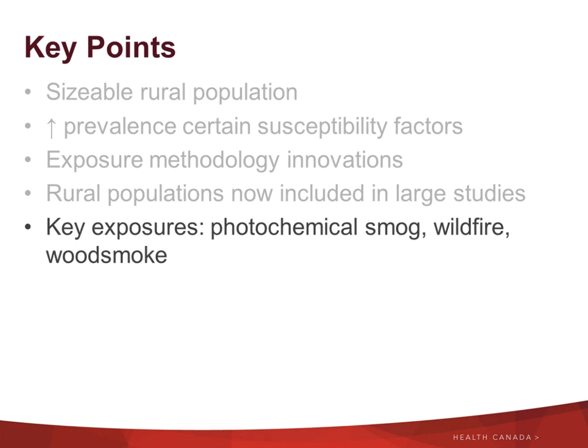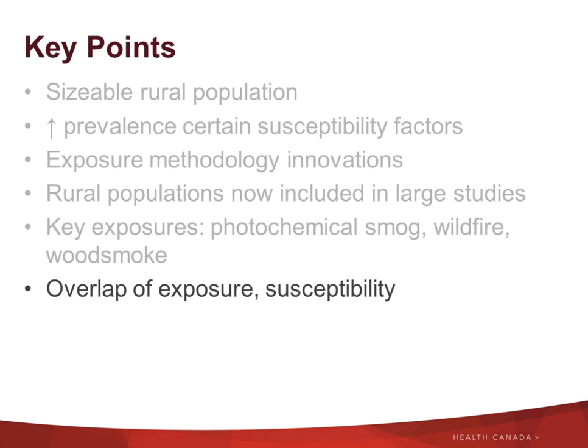Some of the key exposures that are important in rural areas are photochemical smog and wildfire smoke in the summer, and wood smoke in the winter. And then I also mentioned some of the results that we found in terms of the overlap between exposure to PM 2.5 and ozone and areas which also have a high percent of the population that's particularly susceptible to adverse effects of air pollution.